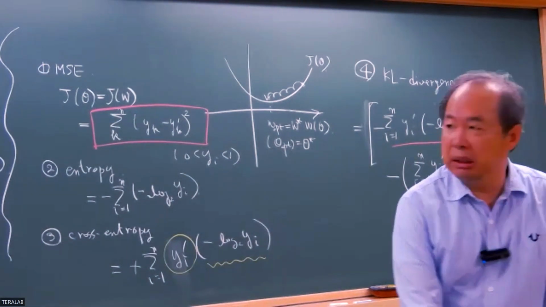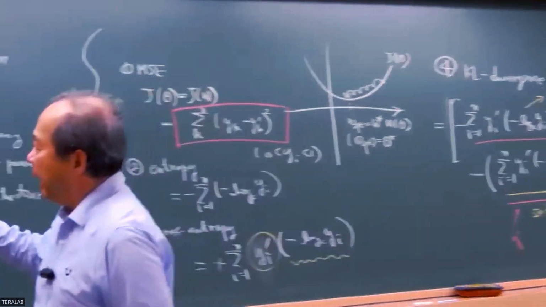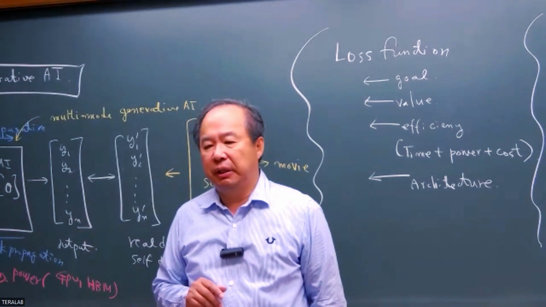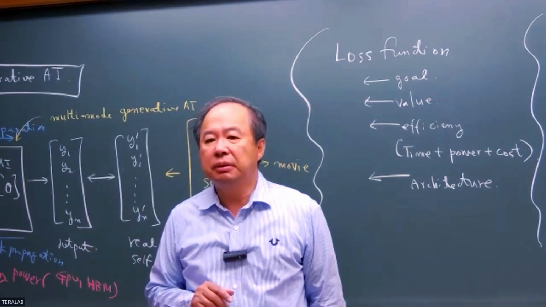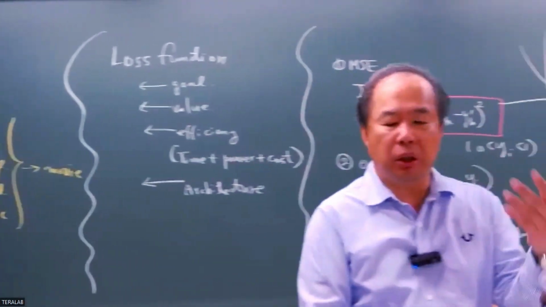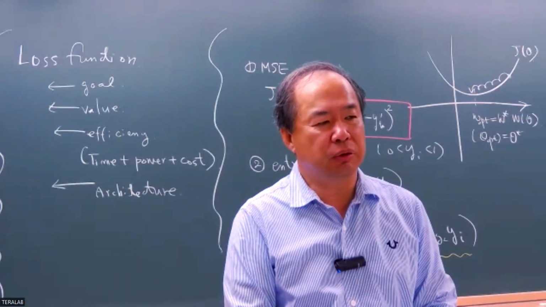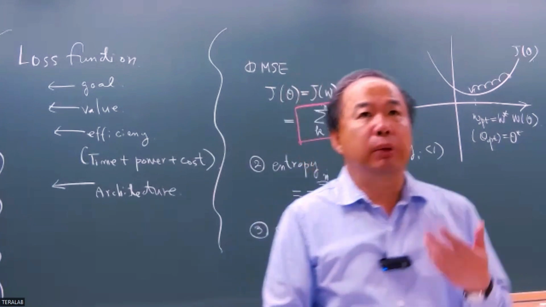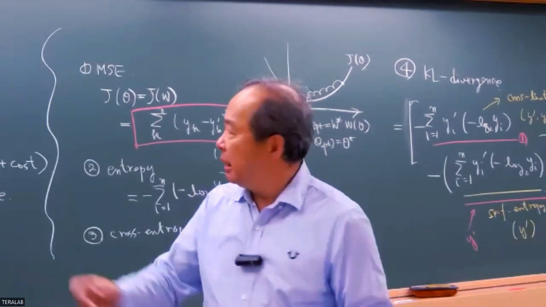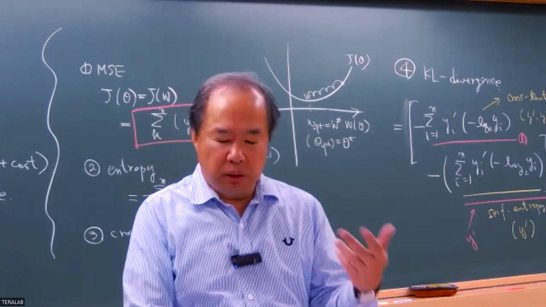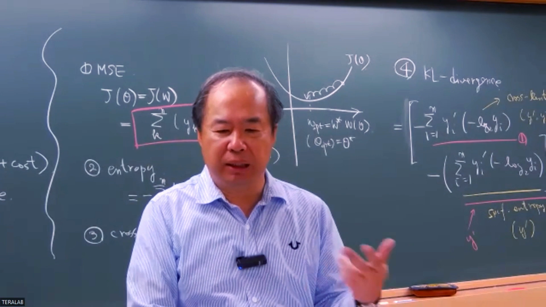KL divergence means the difference between the entropy of real data and the entropy of your output. If both entropies are very close to each other, you complete your iteration and the back propagation. Why do we choose entropy rather than a simple difference? It is associated with value and efficiency.